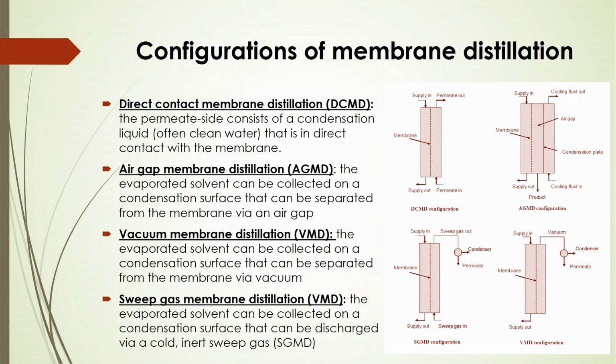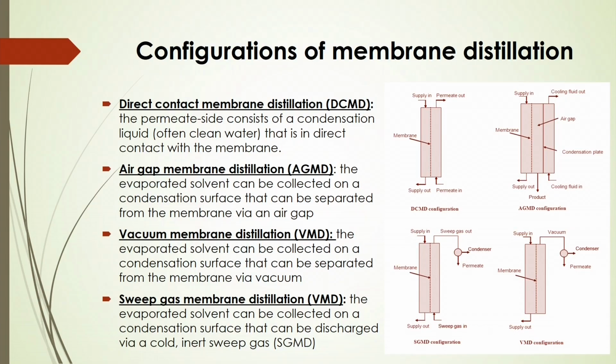And in case of direct contact membrane distillation, you will see the permeate side consists of a condensation liquid, often called clean water, that is in direct contact with the membrane. Whereas in air gap membrane distillation, the evaporated solvent can be collected on a condensation surface and can be separated from the membrane via an air gap.